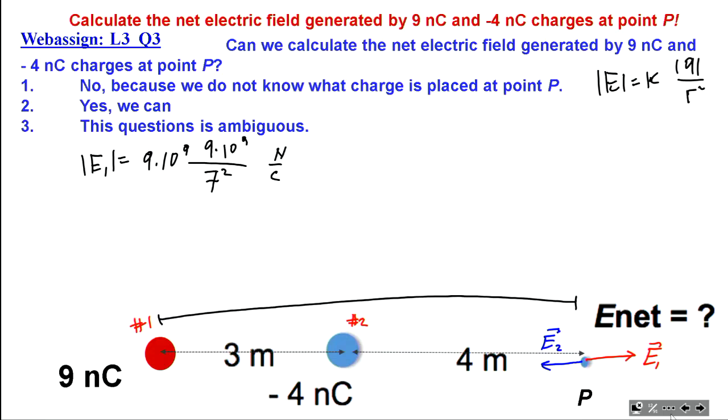Now, we need to write an expression for the magnitude of this. Sorry, which charge are we using? The 9? Sorry, yeah, this is a 9. Is it referring to the red sphere? Charge that we're using?